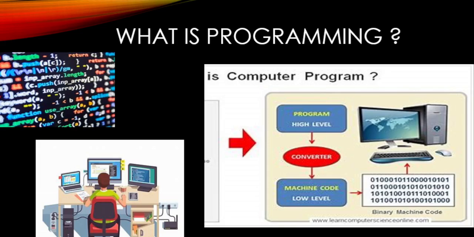So let's dive into the discussion of what is programming language. What is programming actually? Programming can be done using a programming language, which is a formal set of instructions that enables a computer to perform specific tasks.